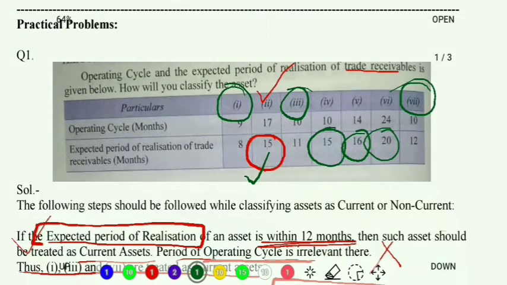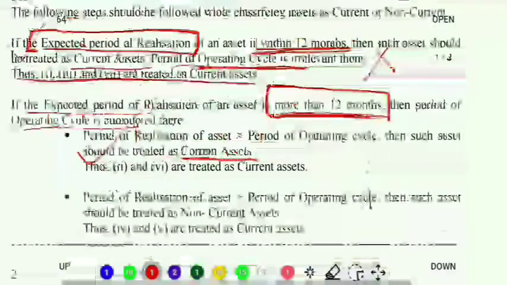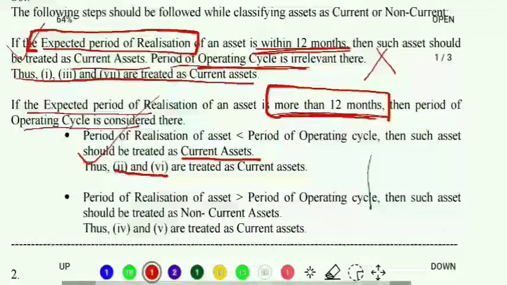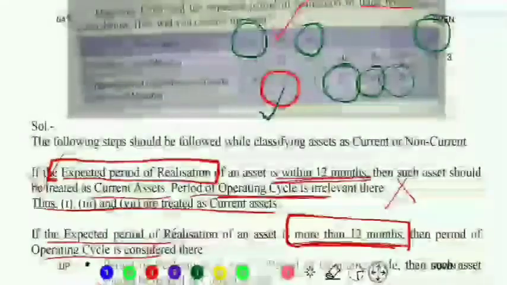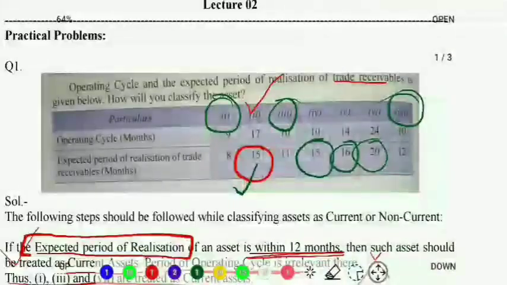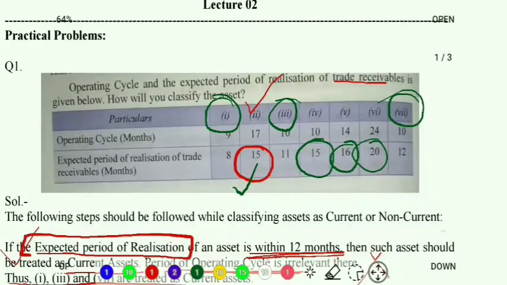Let's come down and see what is written. 2 and 6 are treated as current assets. Did we do accordingly? Yes, we classified 2 and 6 as current assets, because in both, the expected period of realization is less than the operating cycle months.